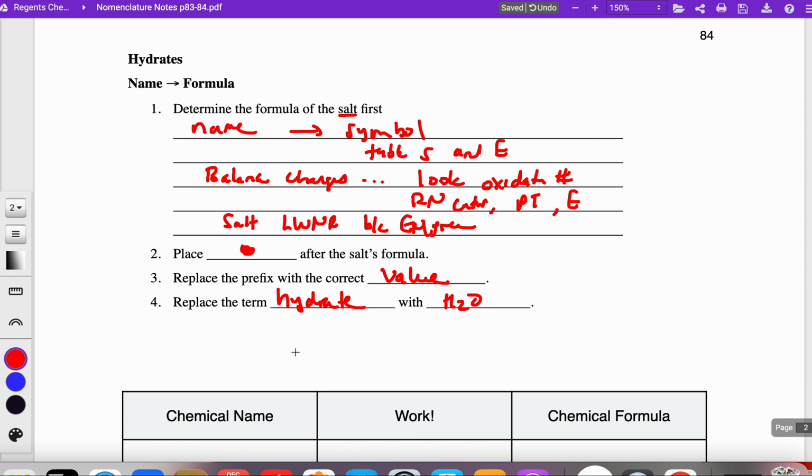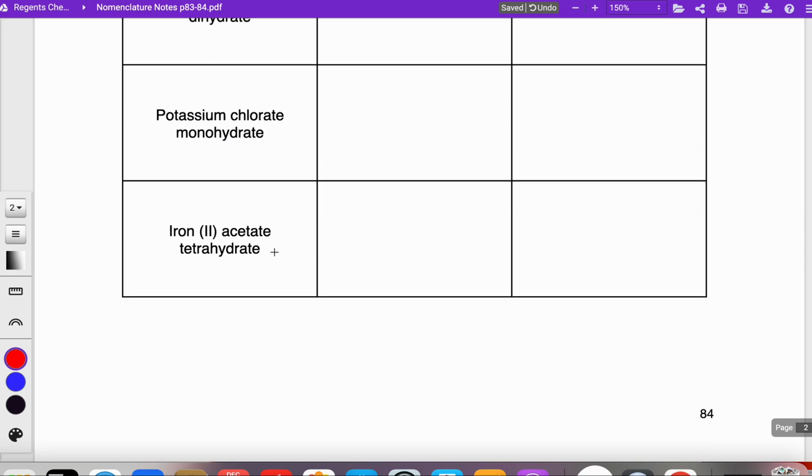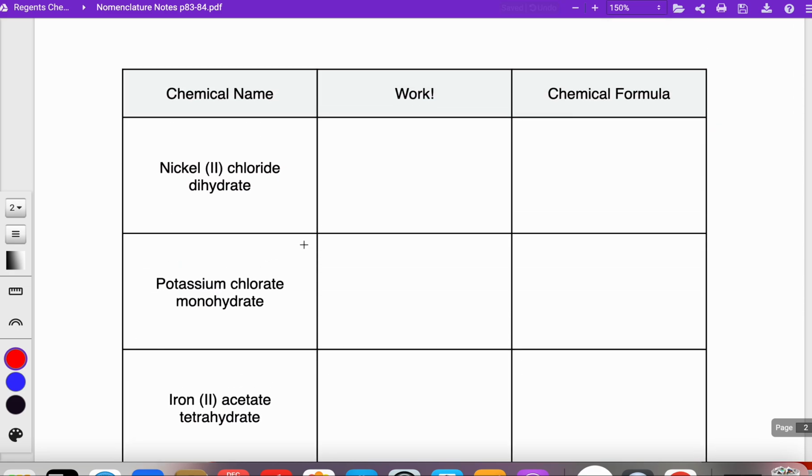If I take a look at an example here, I'm going to do one example. It's nickel 2 chloride. The name of the salt is this part right here. Working through it, nickel's an element, symbol is Ni. It has the Roman numeral 2, which tells me nickel is using a +2.